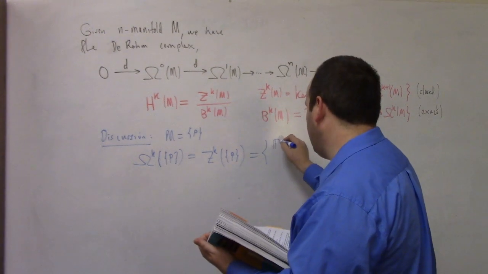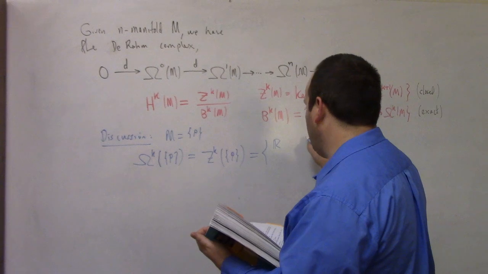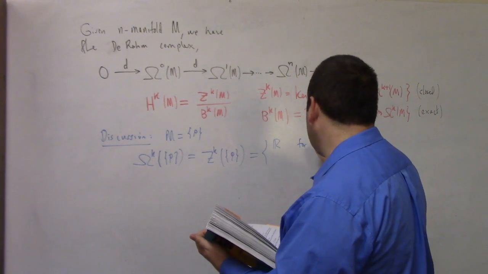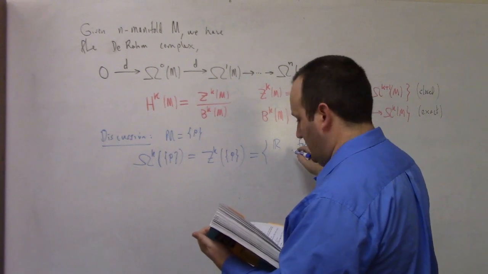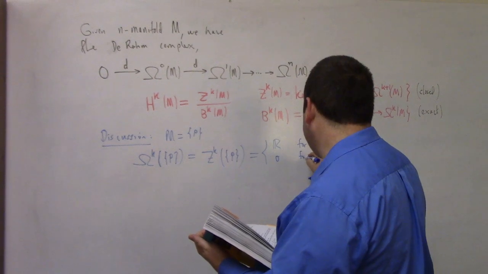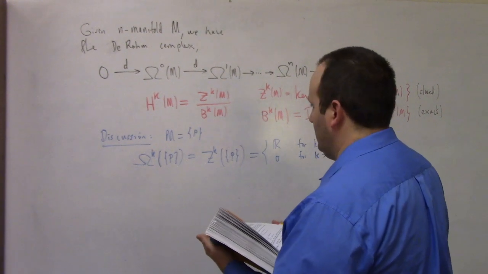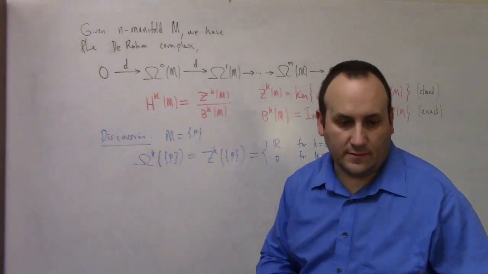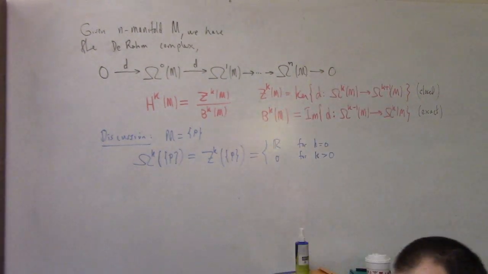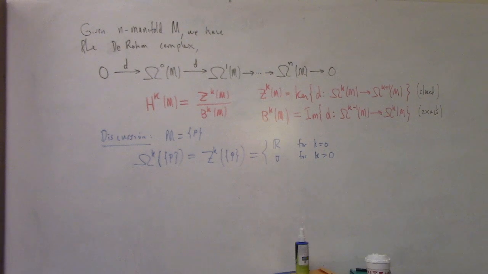You have the reals for k equal to 0, and you have 0 for k greater than 0. Why is that? It's a little bit of an abuse, right?